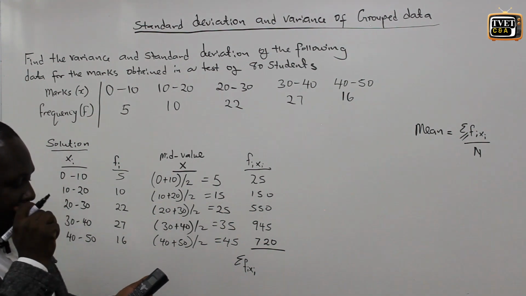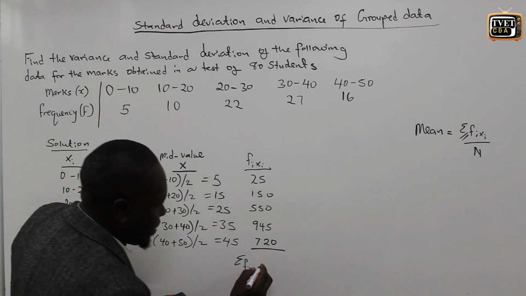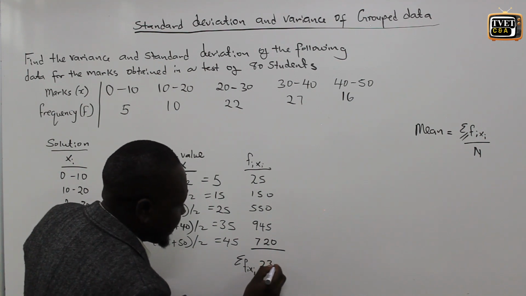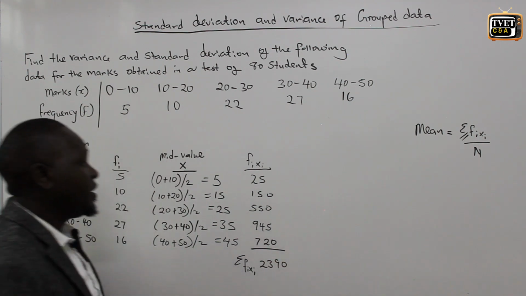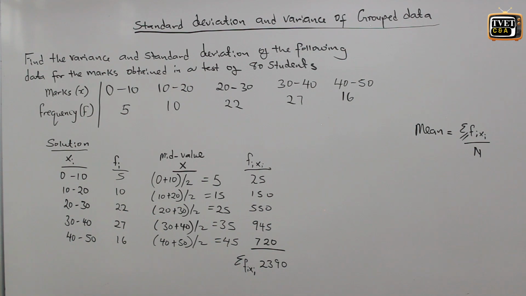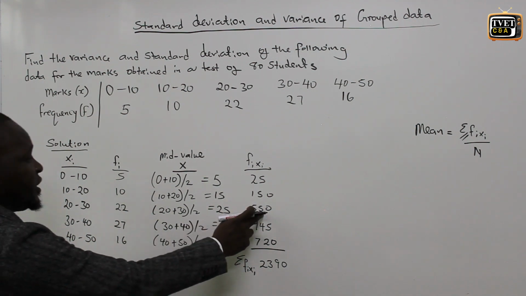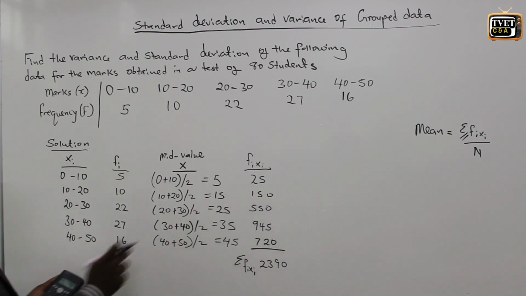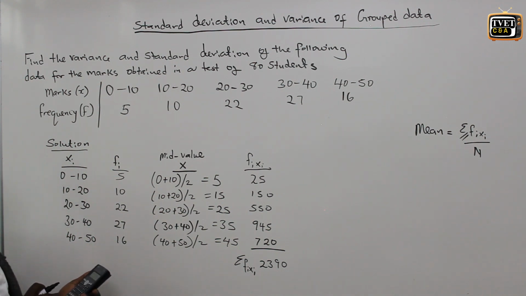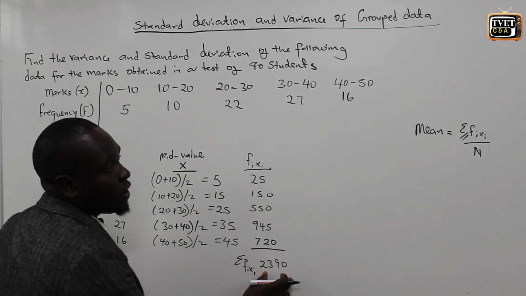You'll get 2,390. Let's confirm this 550 if it's okay. That is 25 times 22. Yeah, it's very correct. So our total is fine.